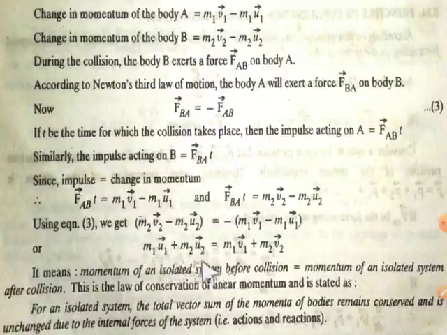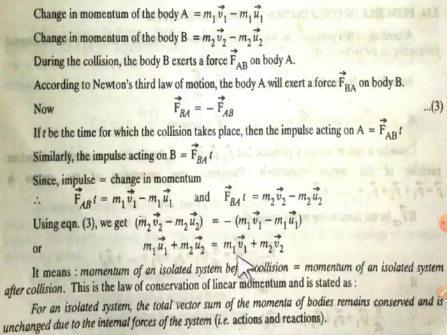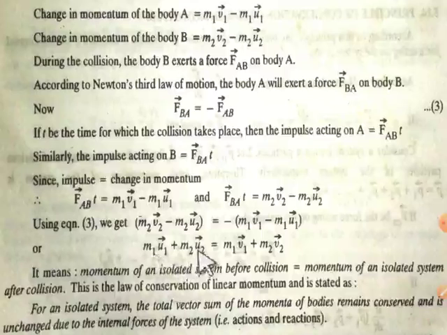So from the last equation, this is the sum of the momenta of the two bodies A and B before collision, and on the right-hand side is the sum of the momenta of the two bodies A and B after collision. That means the sum of the momentum before collision is equal to the sum of the momenta after collision.